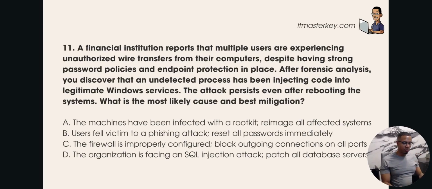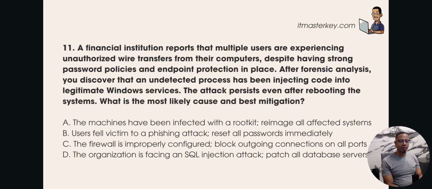A financial institution reports that multiple users are experiencing unauthorized wire transfers from their computers, despite having a strong password policy and endpoint protection in place. After forensic analysis, you discover that an undetected process has been injecting code into legitimate Windows services. The attack persists even after rebooting the systems. What is the most likely cause and best mitigation?